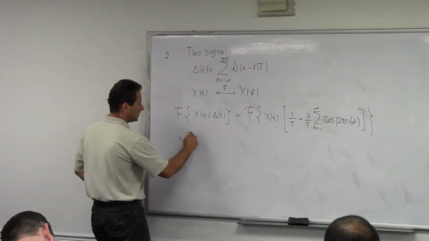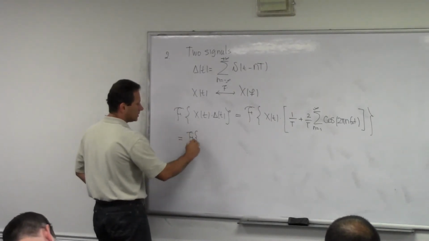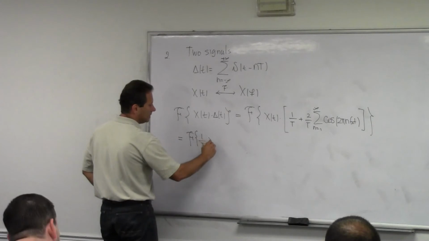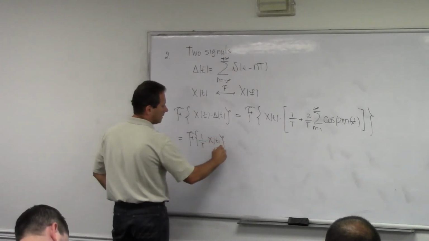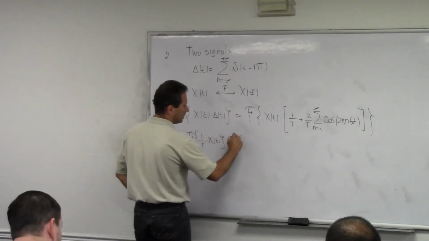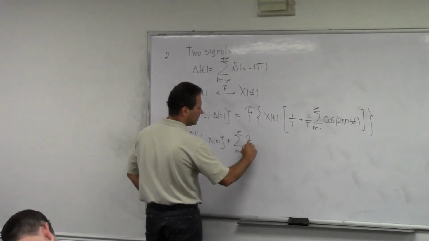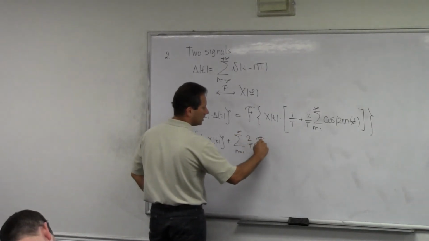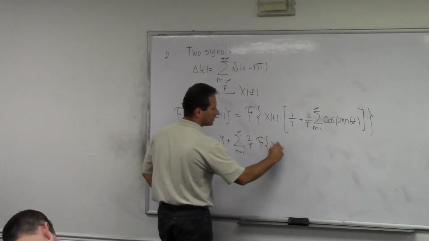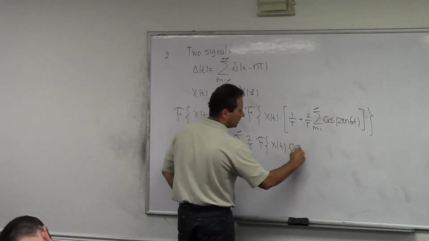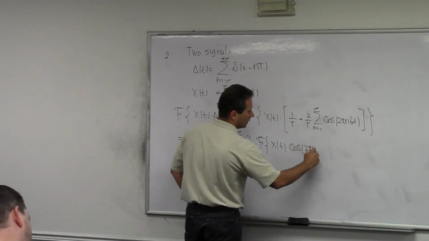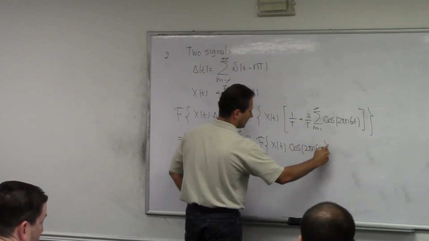So this becomes the Fourier transform of the first term, 1 over t x of t, plus the sum when n goes from 1 to infinity, 2 over t times the Fourier transform of x of t times cosine 2 pi n f0 t.